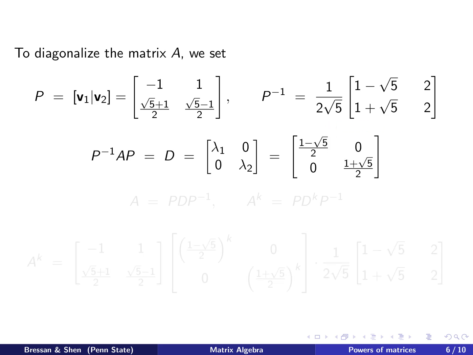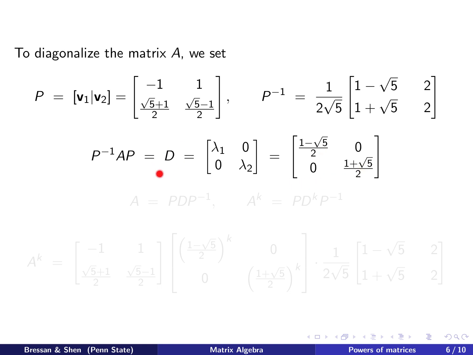Then we know from previous study that P inverse times A times P will be a diagonal matrix, where the diagonals are just the eigenvalues lambda 1 and lambda 2. So we put in our lambda 1, lambda 2, we get this matrix.